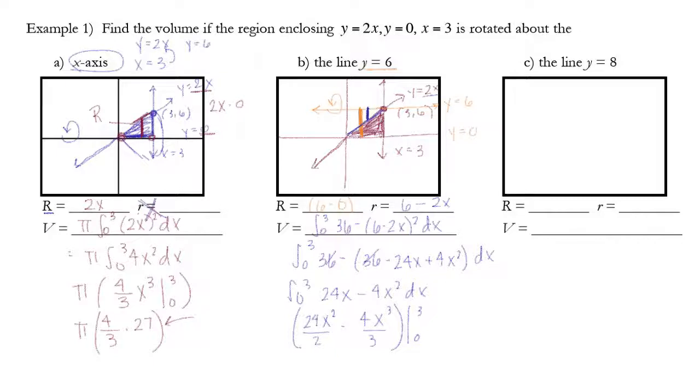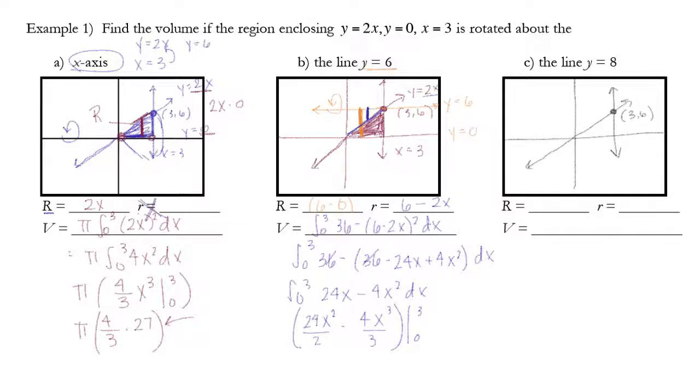All right, now for part C, and we will now rotate about the line y equals 8. So again, we need to go through and make our sketch of our bounded region again. I don't think my drawings get any better no matter how many times I sketch this. And we knew this was at 3, 6.